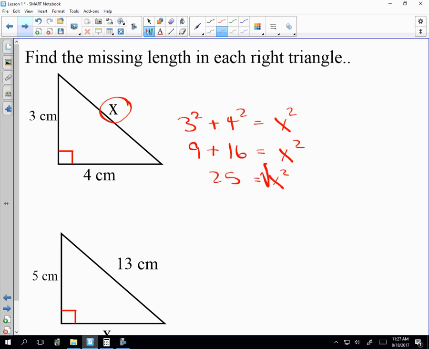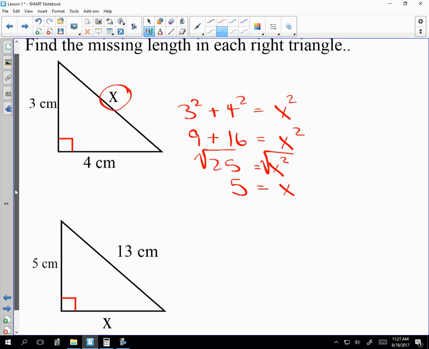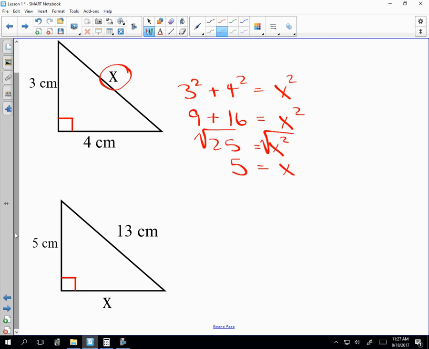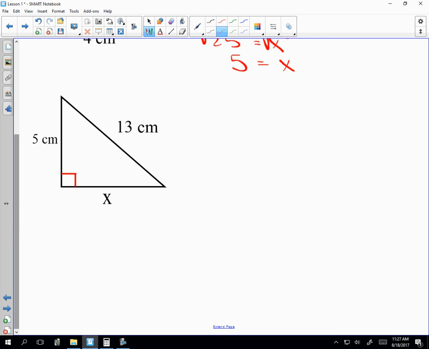To get the x value by itself, we have to square root both sides, and the square root of 25 is 5. So that's how we solve one of our most common problems. We have the two leg lengths, and we're trying to find the hypotenuse. The hypotenuse always is listed by itself.